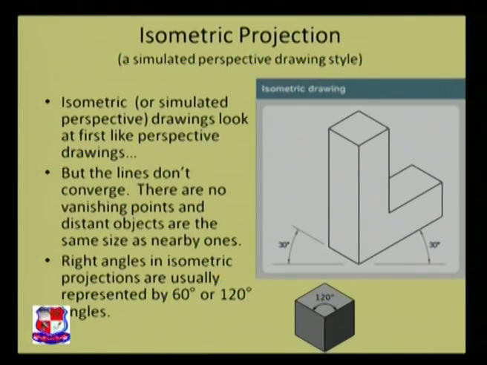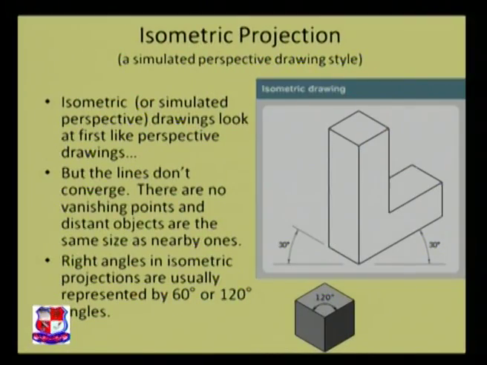You may feel that it is a perspective drawing, but the lines do not converge, they do not merge with each other, they don't have any vanishing point, and the distant object is the same size as the nearby one. It shows the perfect dimensions with the scale.